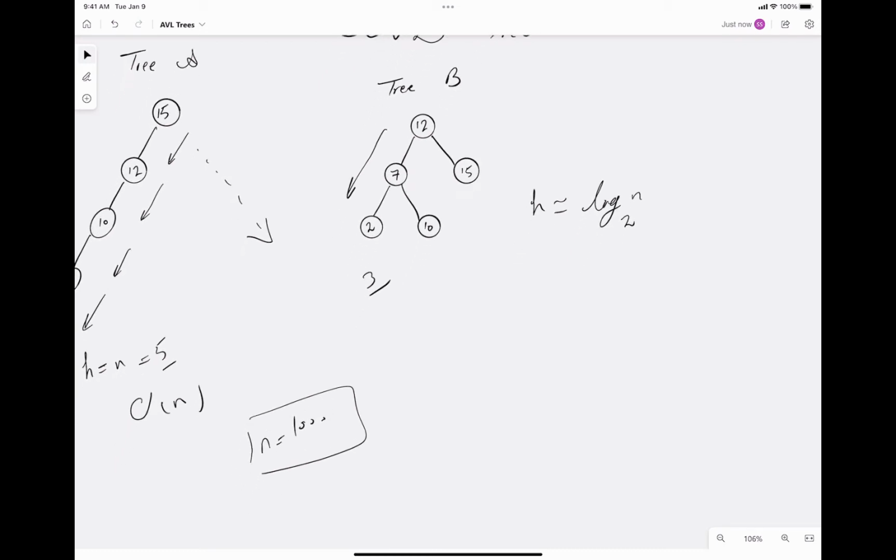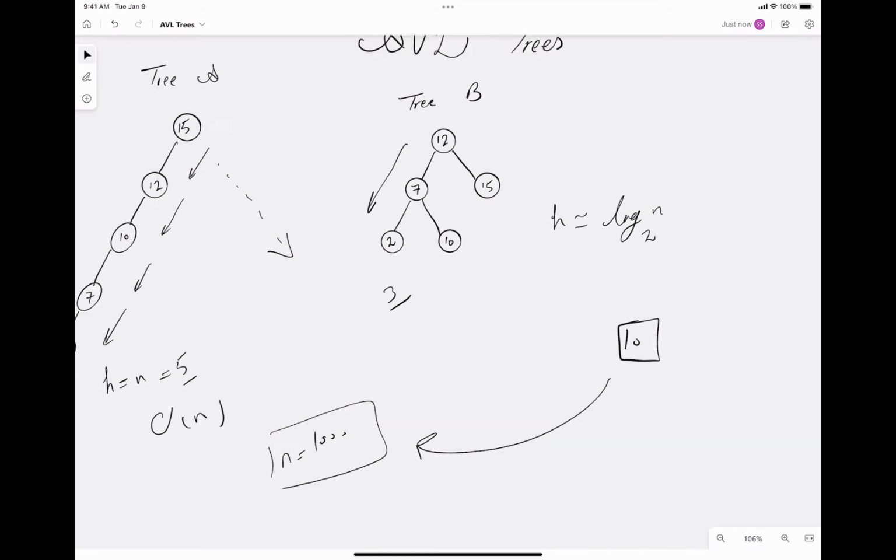So for n equal to 1000, the maximum number of searches will be 10. Compare 10 with 1000. And for sure, even 1000 is a small number. You can imagine trees with hundreds of thousands or millions of nodes, and you can see the difference between log of n and n very clearly in these cases.